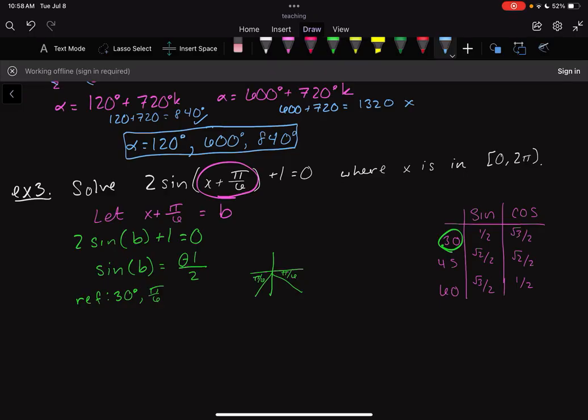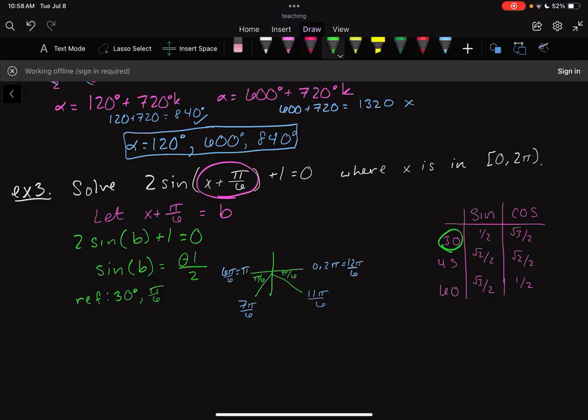So remember that this is pi, which can be written as 6 pi over 6. This is 0 or 2 pi, which could be written as 12 pi over 6. 6 pi over 6 plus pi over 6 would be 7 pi over 6. 12 pi over 6 minus pi over 6 would be 11 pi over 6.